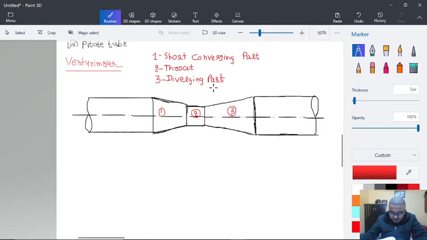So this is known as venturimeter. Here there are two things which are being added. This is actually a manometer which is used for measurement of pressure, and fluid flow is here throughout the venturimeter.